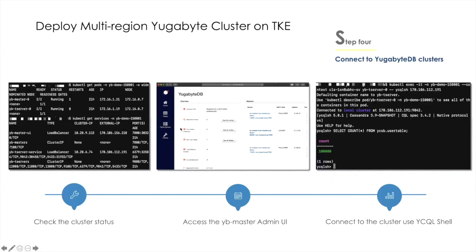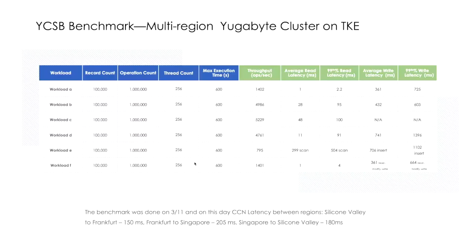This is what step 4 is: what I just did in the browser and the terminal to check the cluster status, to access the master server admin through the UI, and to connect to the cluster using the shell. Here I use YCSB, the Yahoo Cloud Serving Benchmark, and run some test data on the cluster we just talked about.